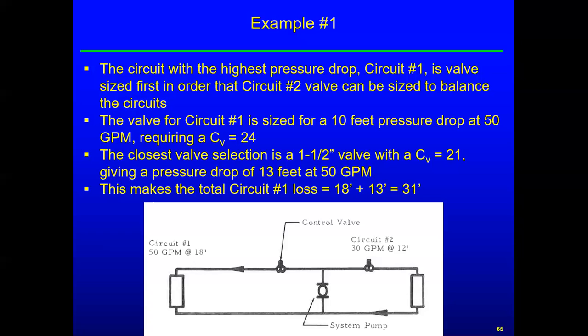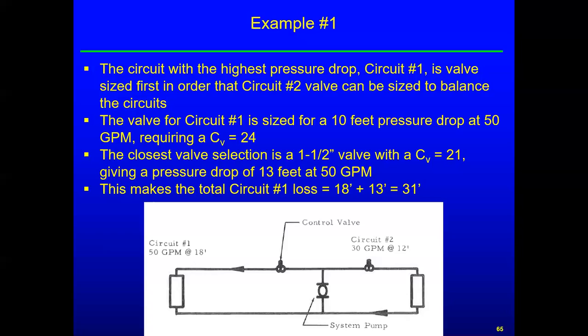So in order to check that 24, let's do that. First of all, you take the 10 feet and convert that to PSI, so divide by 2.3. Normally we use 2.31, but I think they just rounded it to 2.3 in these examples. So I take 10 divided by 2.3, and that's 4.37.